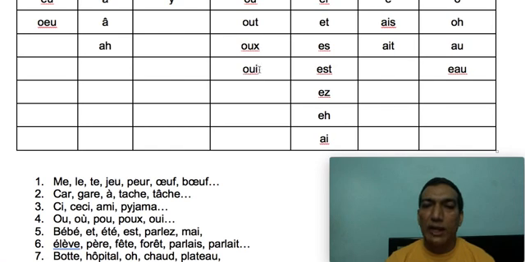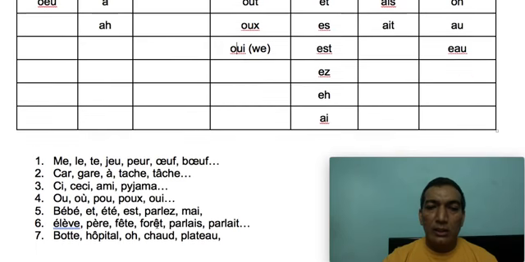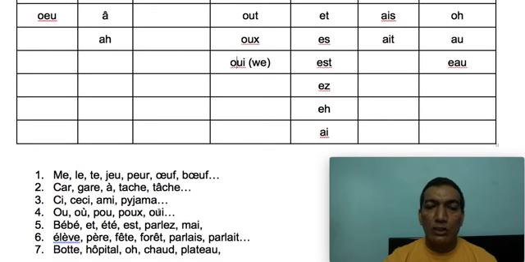We pronounce it like "we." It is exactly the same sound as the word we.